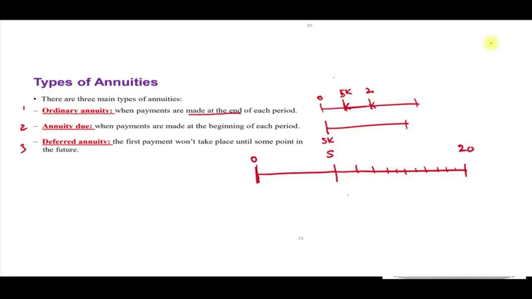I am waiting until year 5, so I'm not getting anything until year 5, but from year 5 onward I'm going to get some annuity, 1000, for maybe until 20 years. That is called a deferred annuity, meaning the annuity happens after some time. After this part there are no cash flows.